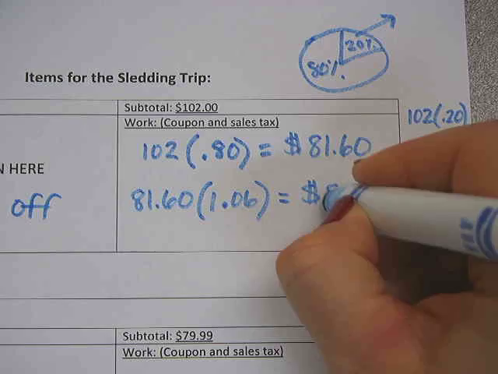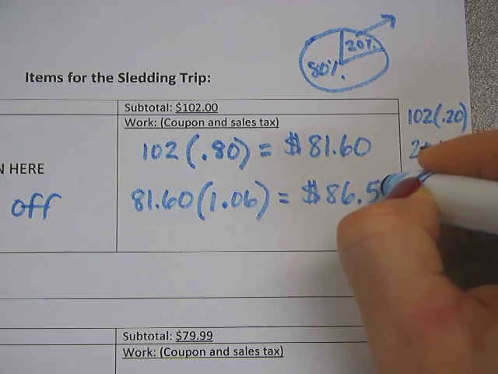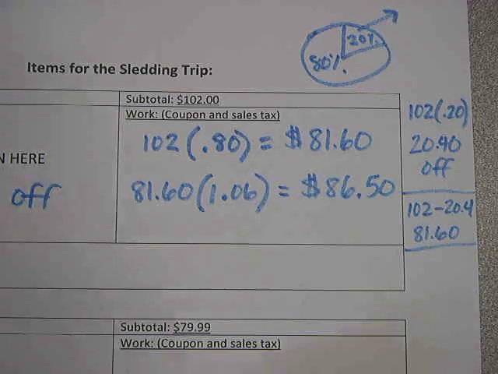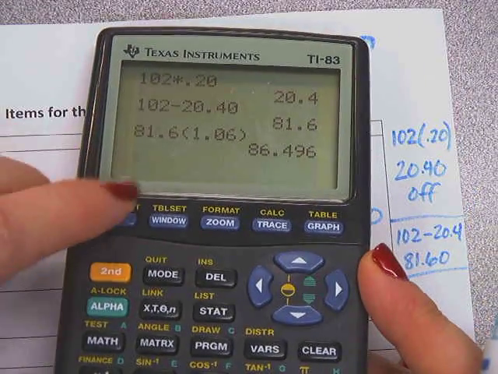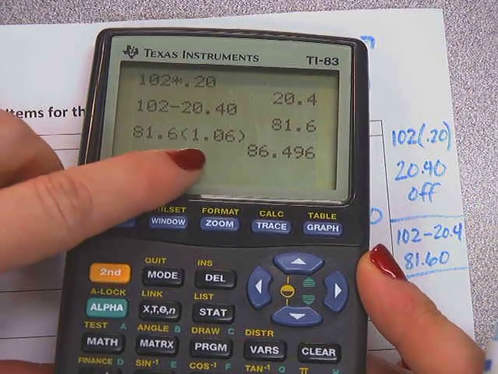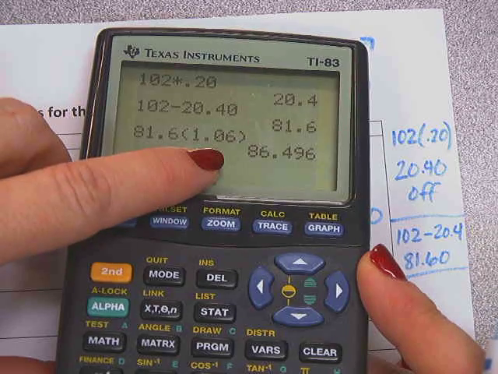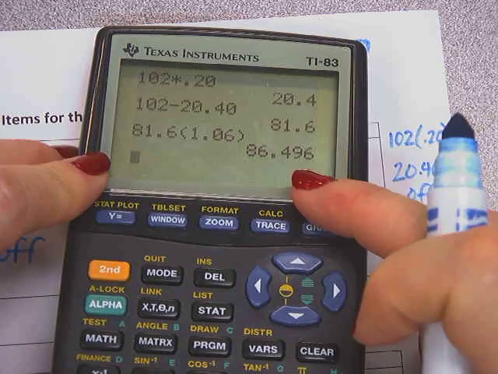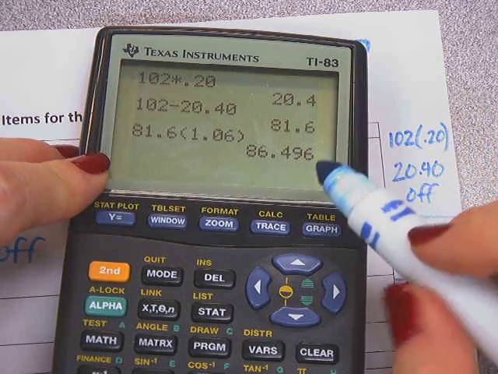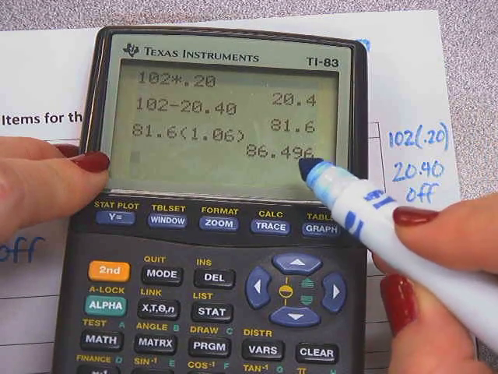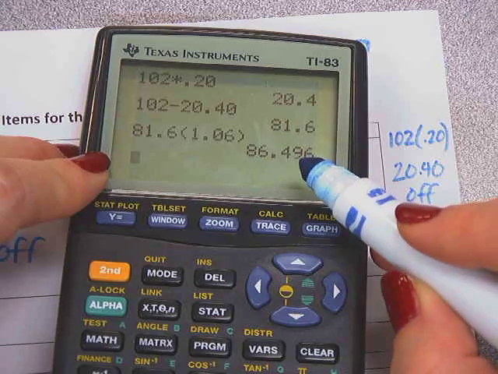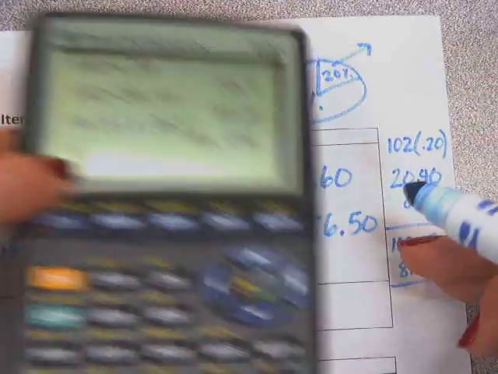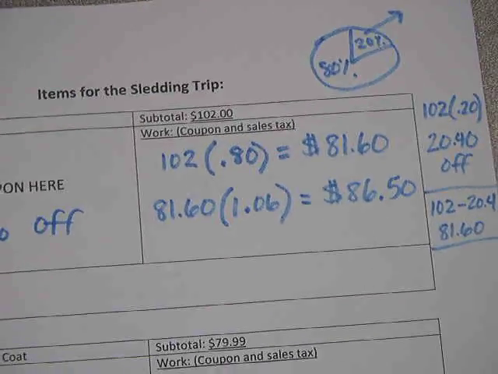And we're going to get a total of $86.50. And when you do this on your calculator, $81.60 times 1.06, notice it comes out to this number, and we need to round to the hundredths place. So that's where the 9 is. So the 6 will bump the 9 up to a 10, which bumps the 4 up to a 5. So that's where I got 50 cents.